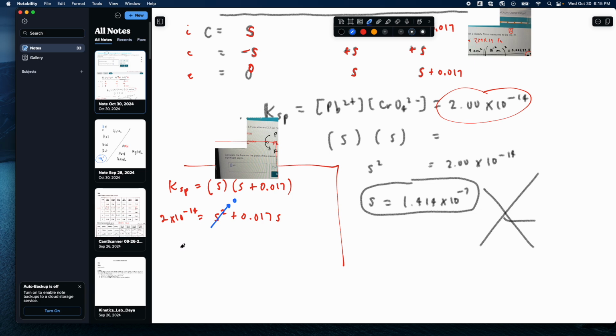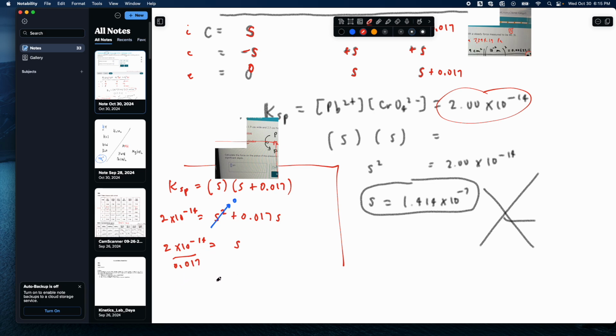And so let's say now S then is going to be 2 times 10 to the minus 14 over 0.017.